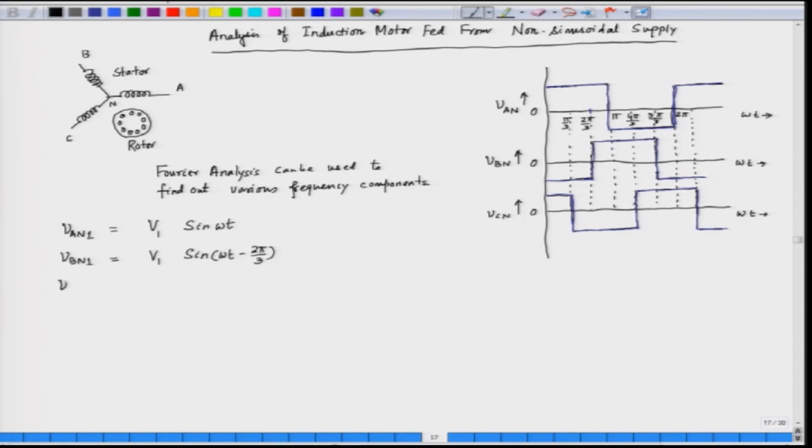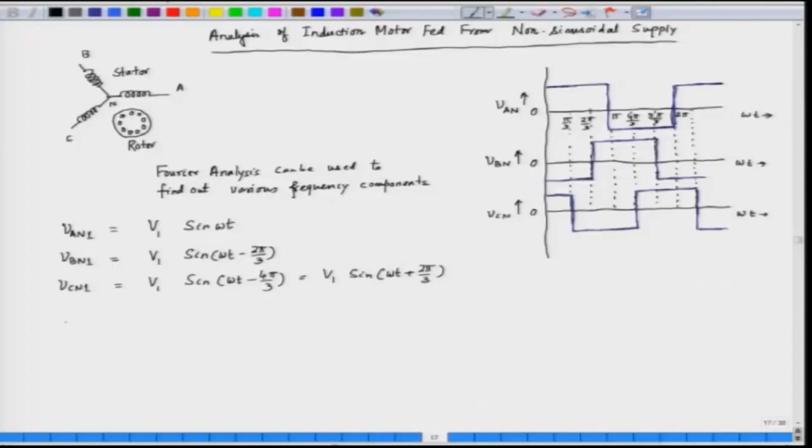Similarly, phase C, VCN1 is equal to V1 sin omega t minus 4 pi by 3, or that is equal to V1 sin omega t plus 2 pi by 3.